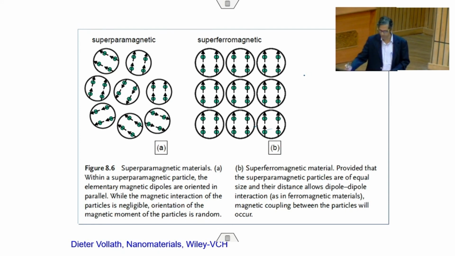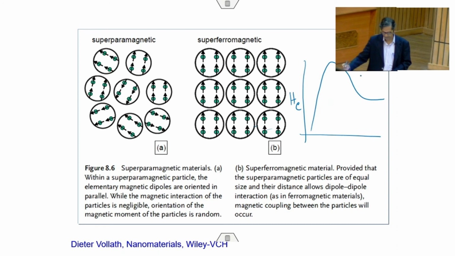Okay, that is what is shown here. This is what is plotted in the last diagram. I am plotting again coercivity versus diameter, and this will be like this. Okay, and you see here, this is the multi-domain particles, and this is the single domain particles.